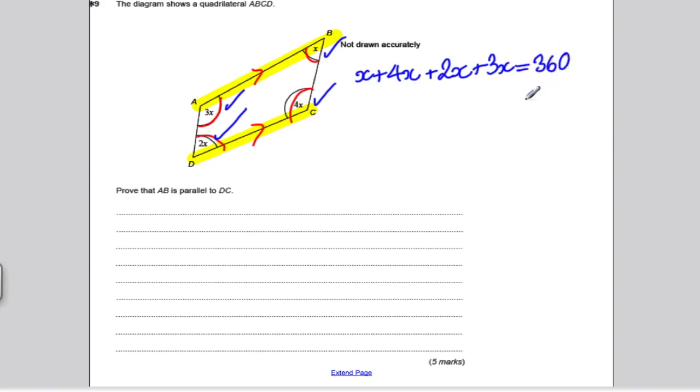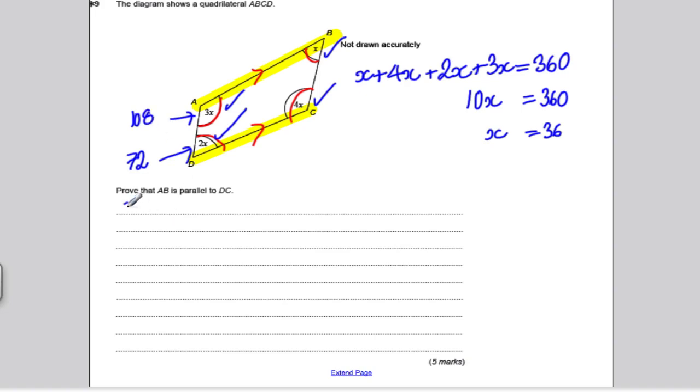Okay, how many x's do we have? Well, we have 10 x's, and they're 360. So 1x, you must divide by 10, is 36. Now we can fill in our angles. This here must be 2 lots of 36, which is 72. This here must be 3 lots of 36, which is 108.